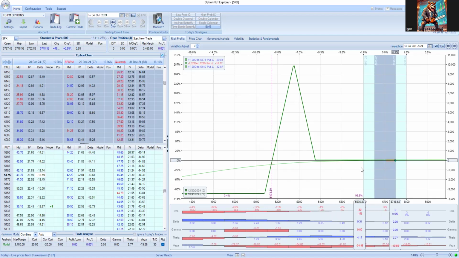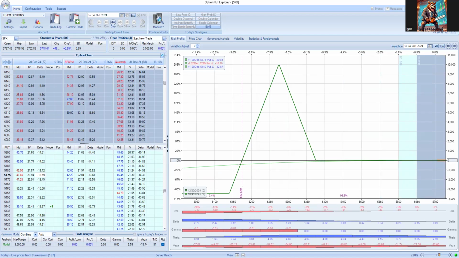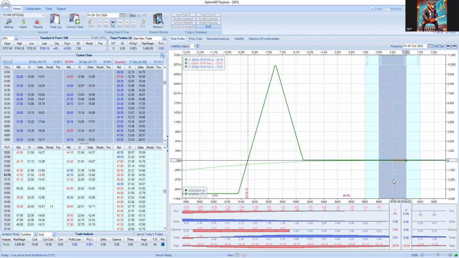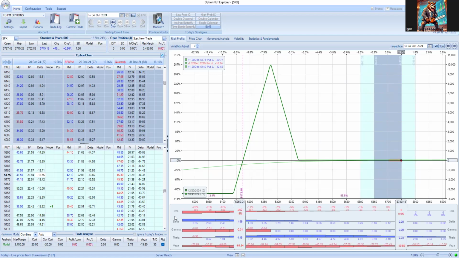So by doing this trade, it's not a terrible idea. The problem I have with this is that I collect only a small, maybe $10, $15 credit up front, which is what I did earlier today with structure closer at the money. So that's not the problem.